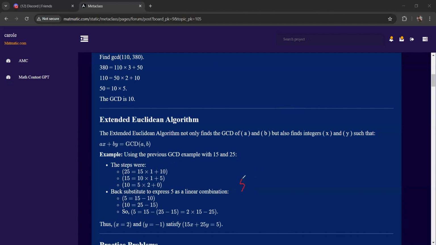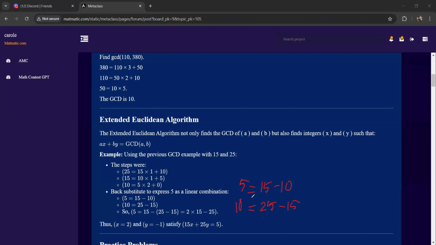So 5 equals 15 minus 10. And then we take 10, and essentially we're just going backwards. So we have 10, which is equal to 25 minus 15.